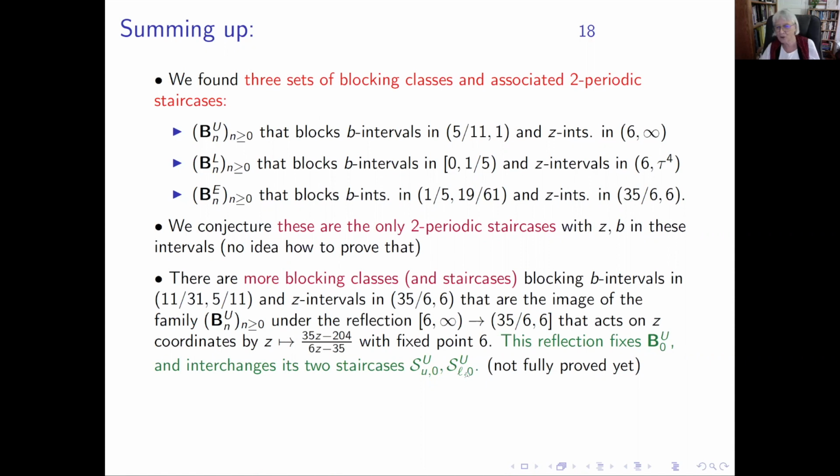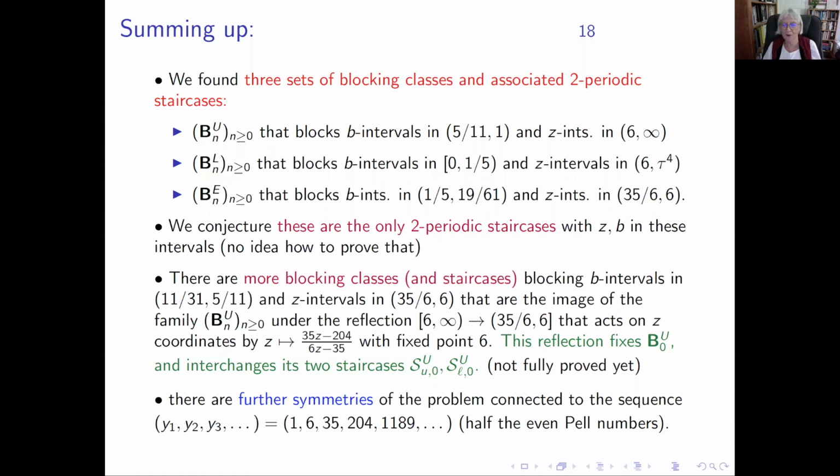And it's meant to interchange its two staircases. So that we haven't completely proven yet, because we've been busy trying to get the Eller proofs correct, but that's what we expect. And then all the other B staircases will reflect to something there. And then the claim is that that's just the first symmetry. This reflection symmetry at 6 is the first symmetry.